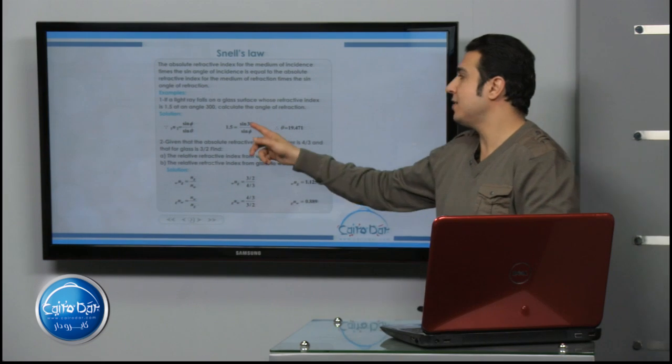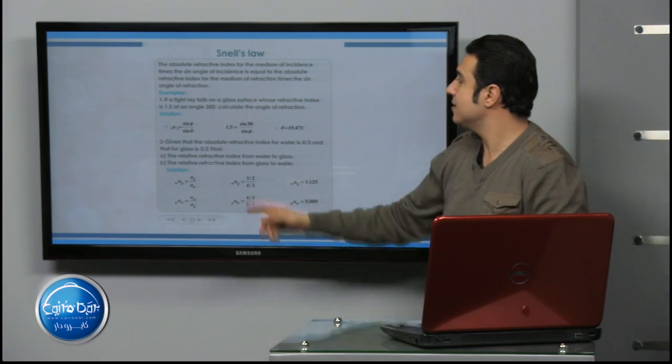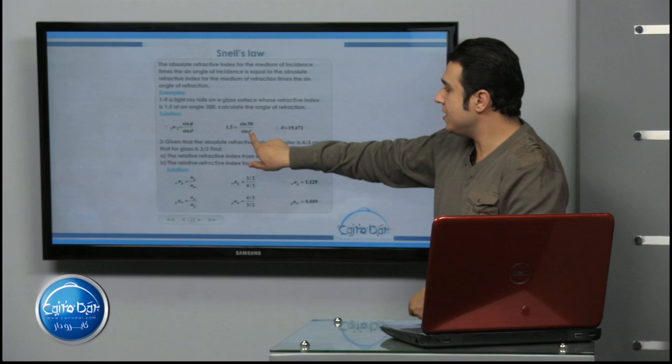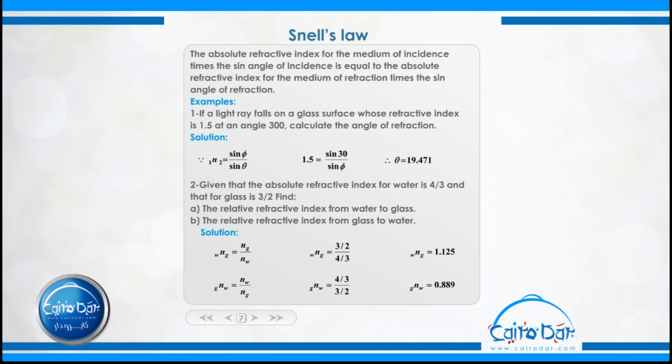So 1.5 equals sine 30 divided by sine theta, and theta equals 19.471 degrees.